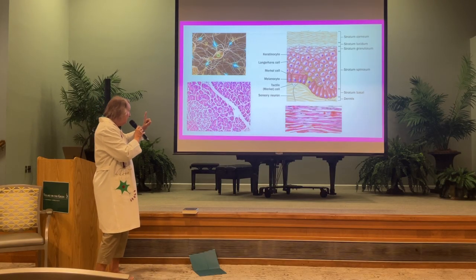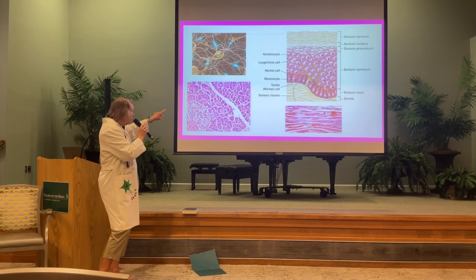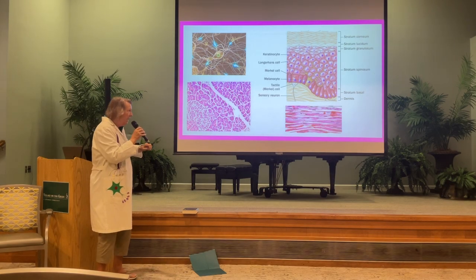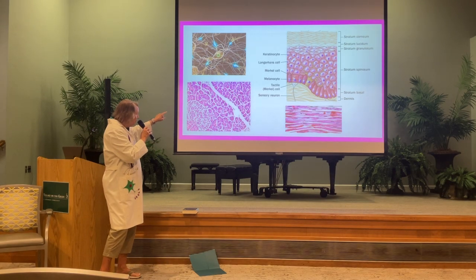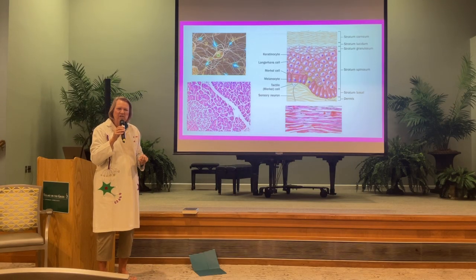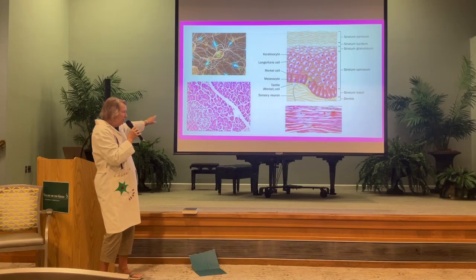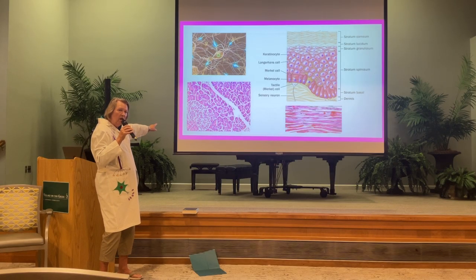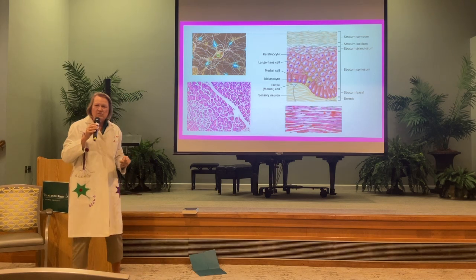Now, I'm loving pancreas because each of those little dots there is an individual cell, and the darker pink ones make the digestive enzymes, but these little tiny ones over here make insulin, because we know that the pancreas does two things.